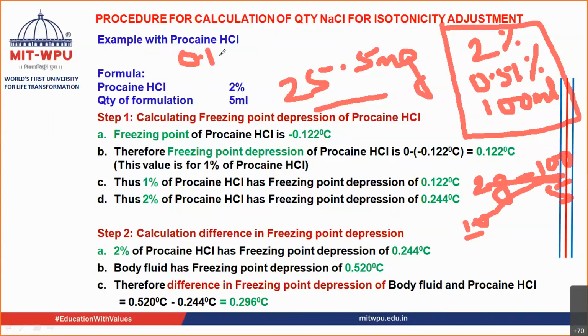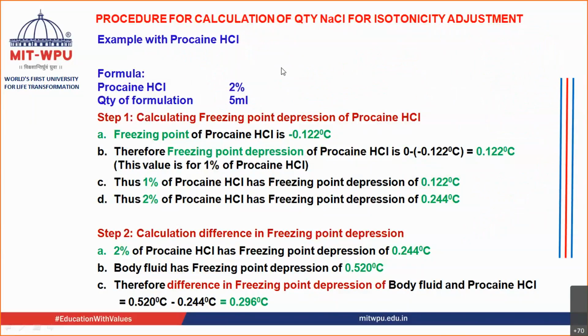I have to convert it again to milligram, that we can convert afterwards. 0.1 gram of procaine hydrochloride, okay, and then 25.5 milligram of NaCl and 5 ml of water. Okay, in this way also we can write down. I am not confusing you much with this, but for those who have understood, that is okay. If you have not understood, also it is okay.